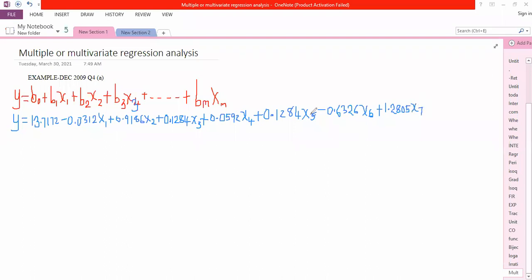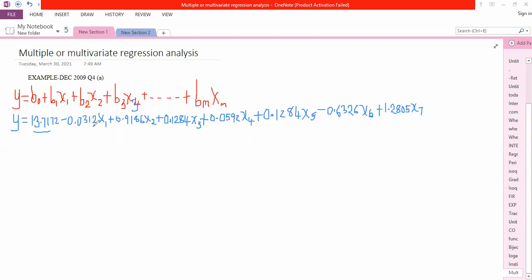And that is what we call our regression model or our regression equation, in which we have picked the constant b0, and for every one of our independent variables, x1 all the way to x7, we have a corresponding coefficient of estimate. So as you write the model, remember the general form of a multiple regression analysis.